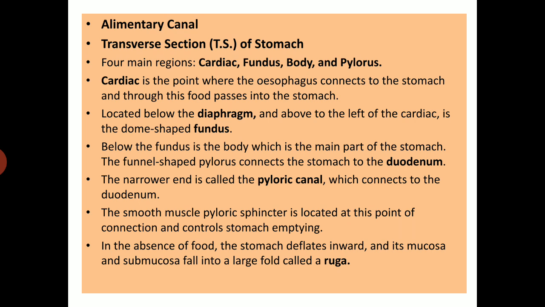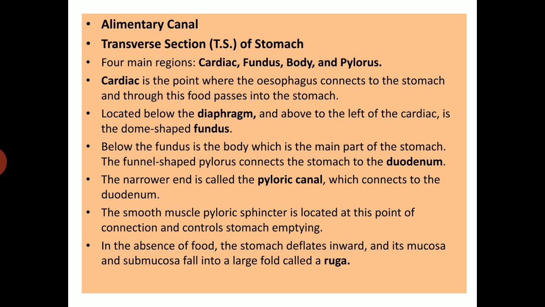First is the cardiac, then the dome-shaped fundus. Below the fundus is the body, which is the main part of the stomach, and the funnel-shaped pylorus connects the stomach to the duodenum. Okay, so four parts: cardiac, fundus, body, and the pylorus.